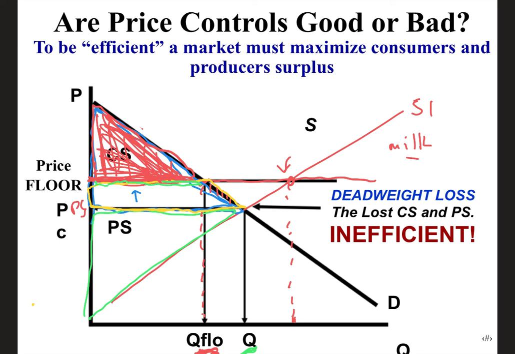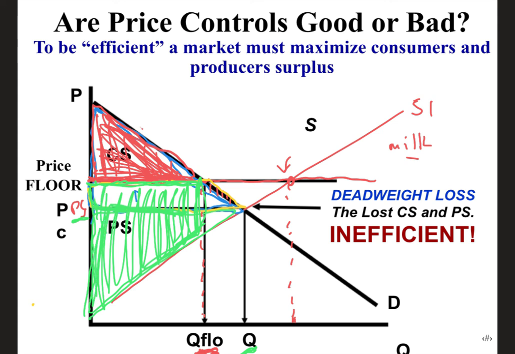In fact, the price is higher than it was before. At PS, this was the maximum price of our producer surplus. Now it's higher. So I can shade in green everything that's in my producer surplus, okay? Here is that trapezoidal shape. Everything in green is my producer surplus, okay?